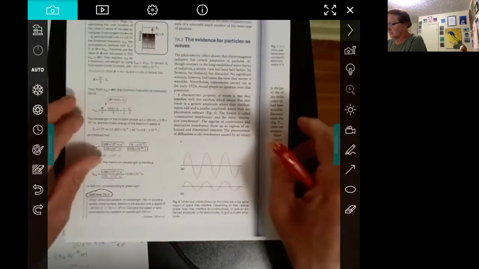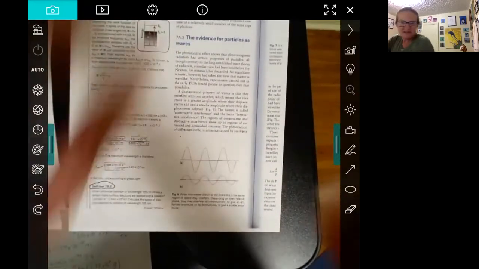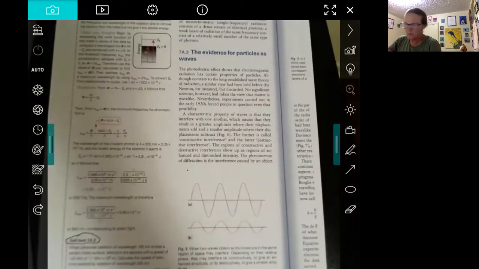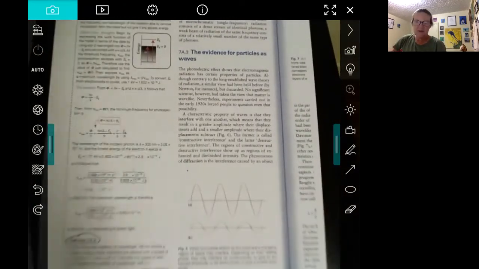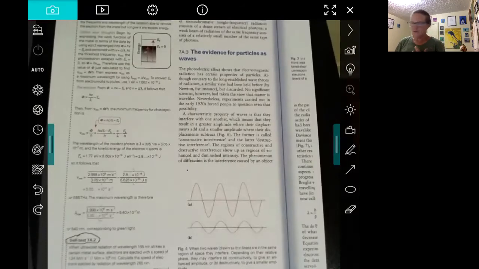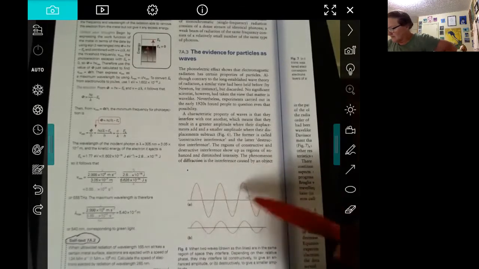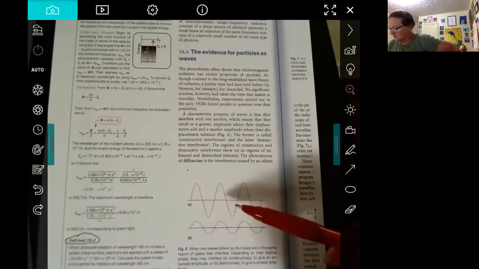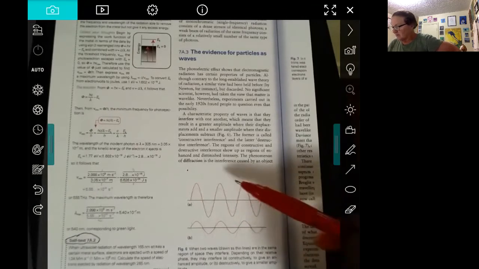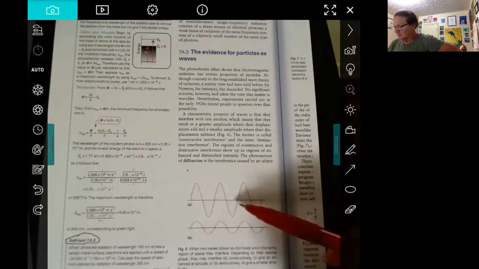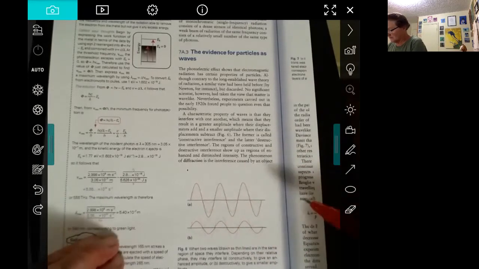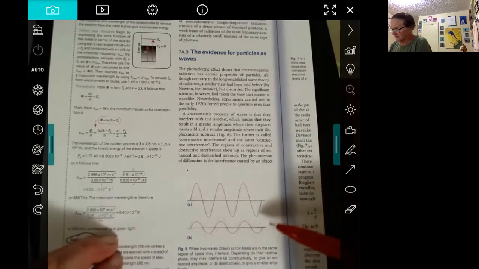So, the evidence that particles act like waves. The primary way that you determine if something has wave properties is by looking at whether or not it has interference. So when we look at these waves right here, this is showing us that when two waves interact with each other, they can interact in such a way to constructively or destructively interfere.